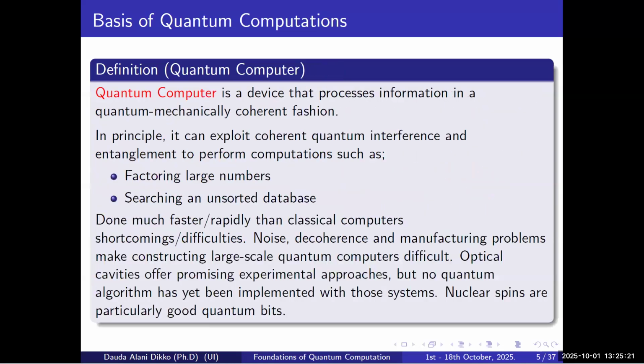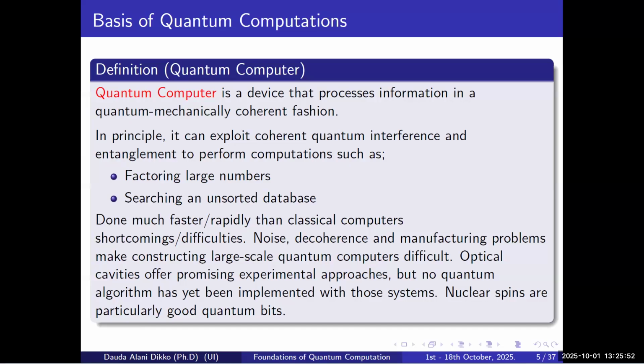Now, next is, what are quantum computers? A quantum computer is a device that processes information in a quantum mechanically coherent fashion. The principle is that it exploits coherent quantum interference and entanglement to perform computations such as factoring large numbers or searching an unsorted database. This is done much faster than what classical computers will do.